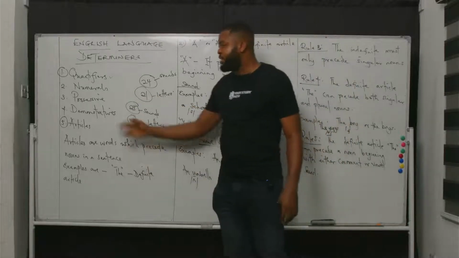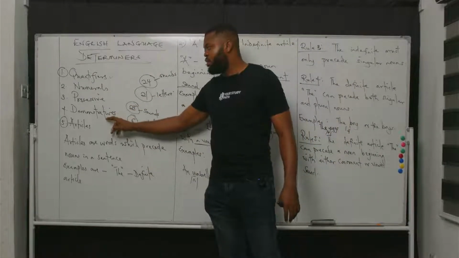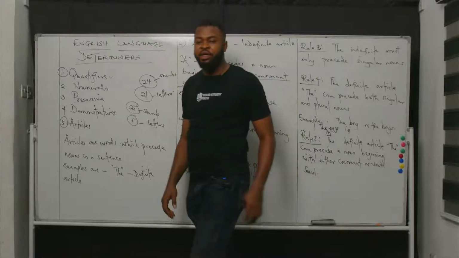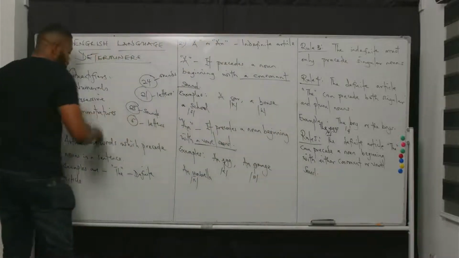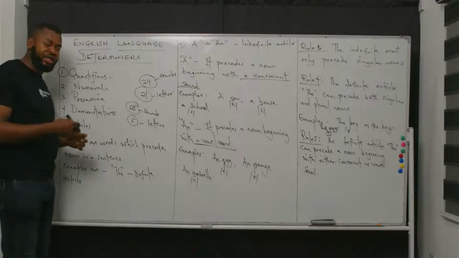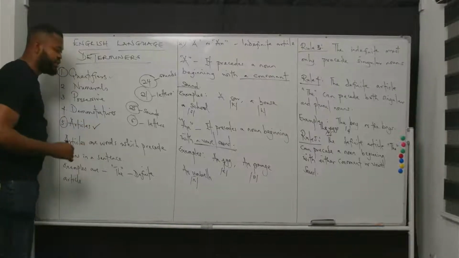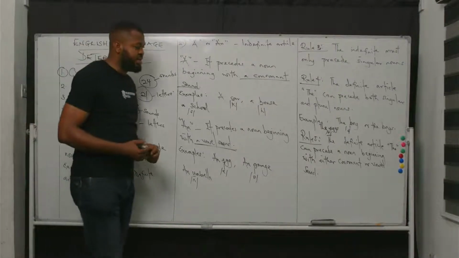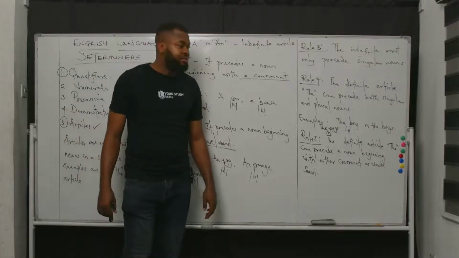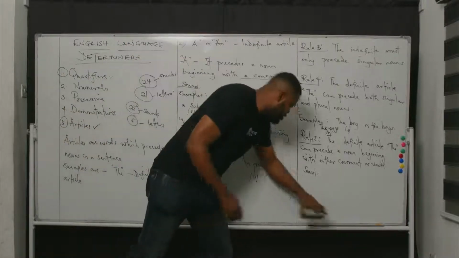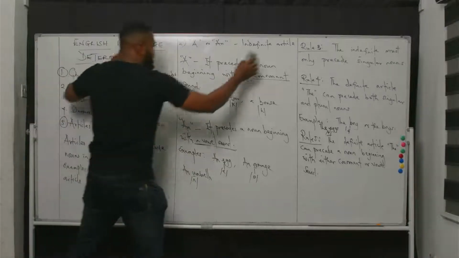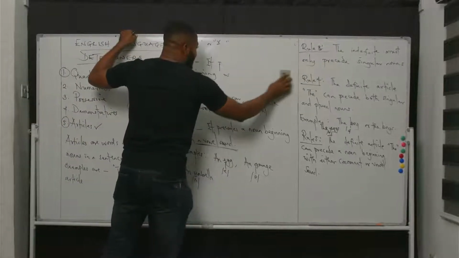I could possibly look at numerals or possessive or demonstratives. I've already touched quantifiers extensively during the last class, and I just finished with the articles. Now let's take exercises. I want to give you an assessment.